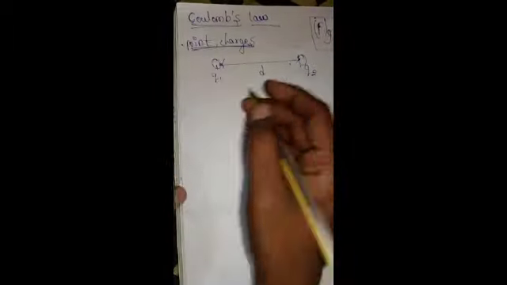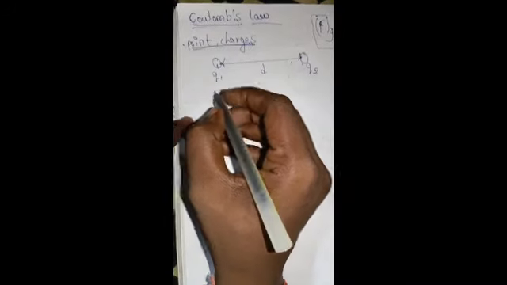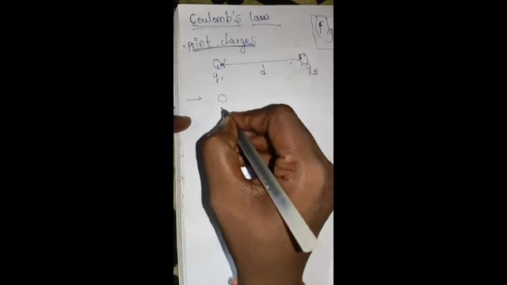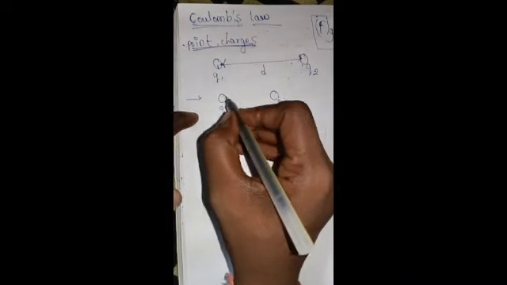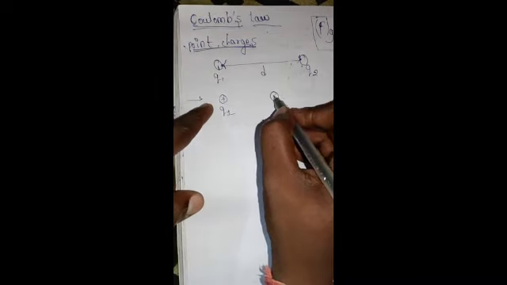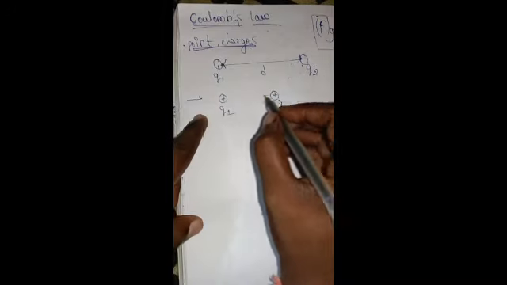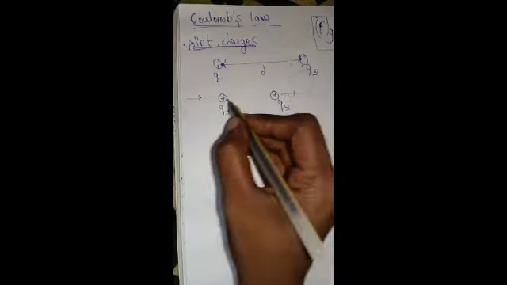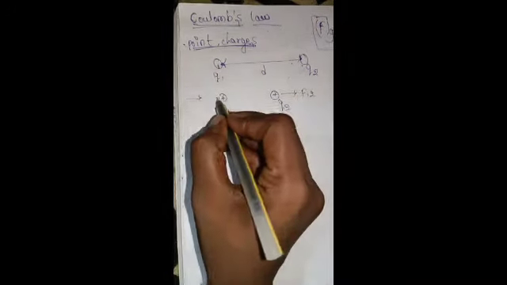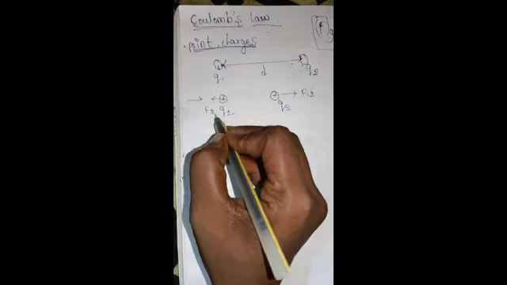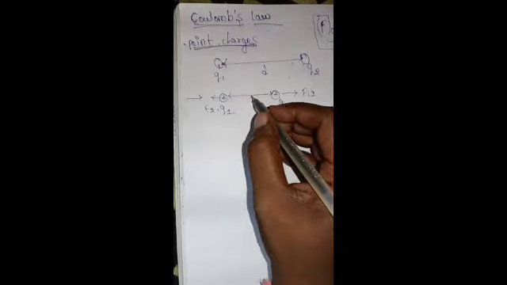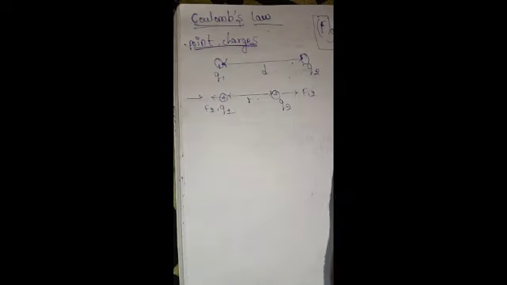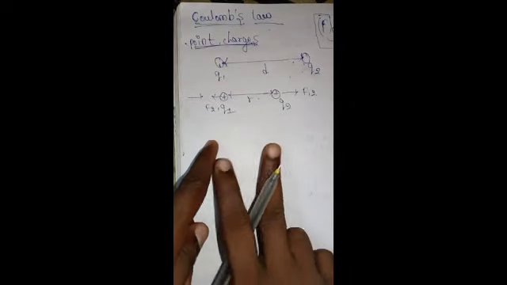So here the law states that the force of attraction, or suppose both charges are of similar type, then there will be a repulsion force, F12 and F21, with distance r between them.